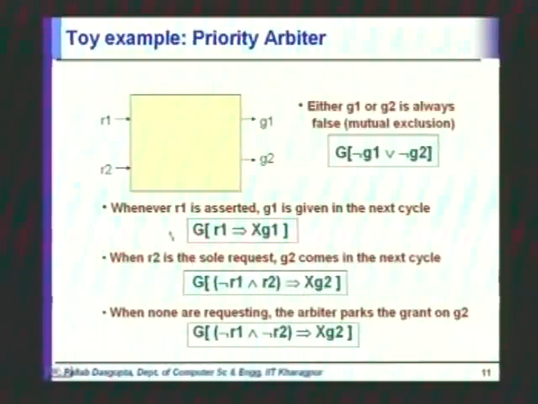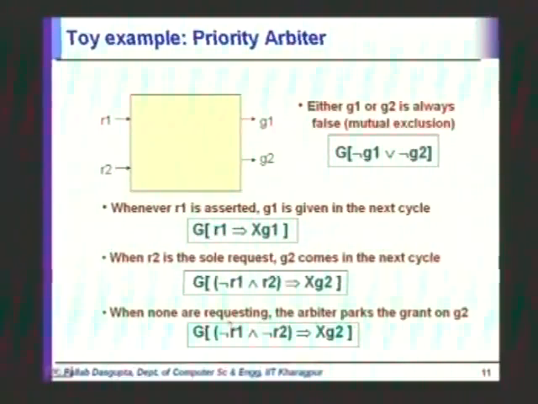So which has the higher priority? R1 has a higher priority. So whenever R1 is high, it must get the grant in the next cycle. When R2 is high, it will get the grant in the next cycle, provided that R1 has not also requested. Okay. And when none of the devices are requesting, then the arbiter will park the grant on G2.